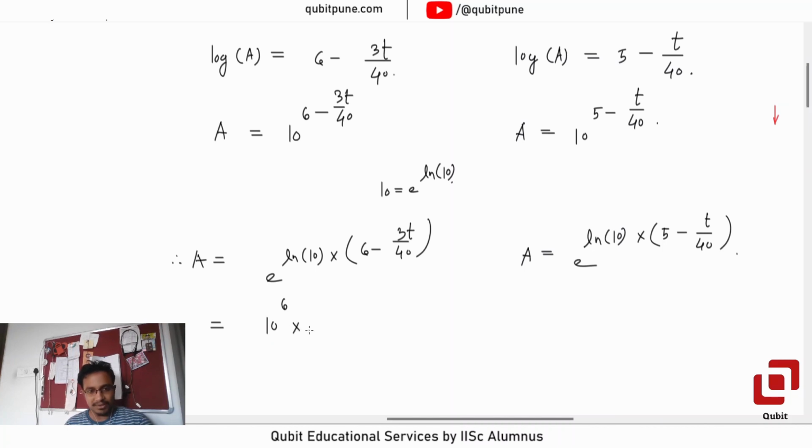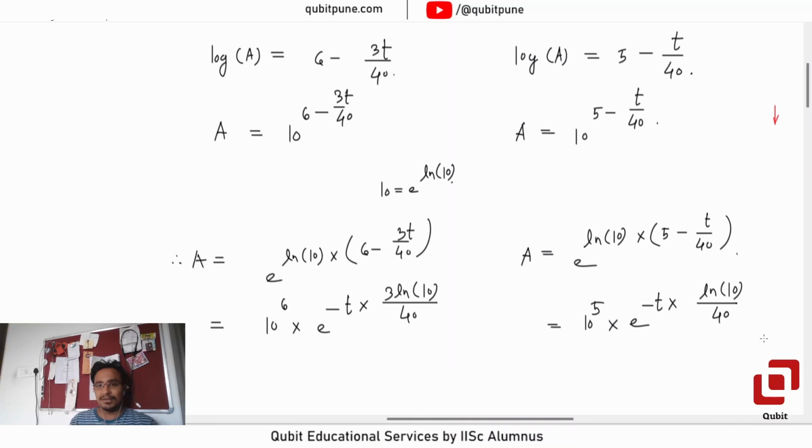What matters is this one, e raised to negative t into 3 ln 10 upon 40, that will be lambda, and here it will be 10 raised to 5 into e raised to negative t into ln 10 by 40.